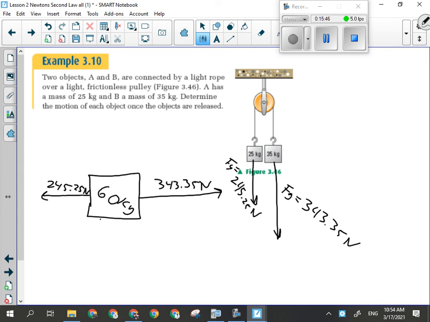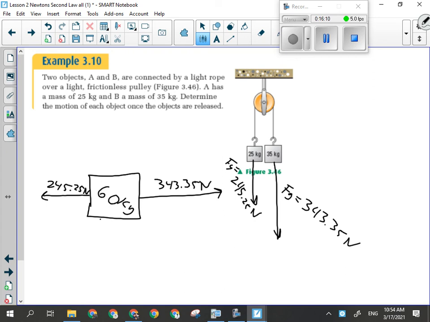I've got two different masses, they're both hanging over a vertical pulley. If I let it go, the 35 kilogram mass is going to fall, the 25 kilogram mass is going to move up, and they're going to do it at the same rate because they're attached by a rope. Okay? So this is just like the first one that we had with the two masses that we just added together, the 10 and the 20 boxes on the sliding surface.